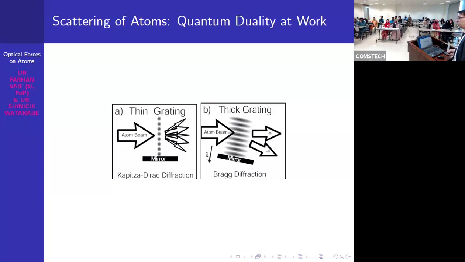Here we have this de Broglie wavelength, which is now competing with the wavelength of the standing wave field. So there are two possibilities after the scattering: it may go straight or it may reflect, following the Bragg scattering phenomena.